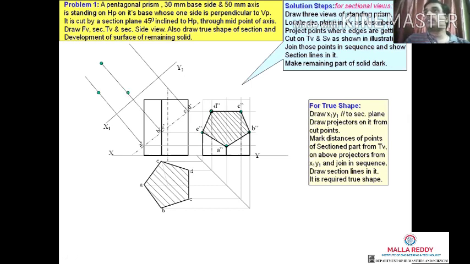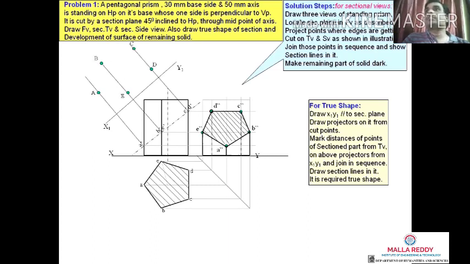These two distances, this is E and this is B. This is A, we have seen. Now we need to represent C and D. Take the distance from xy to D, and represent it from x1, y1 to D here. Repeat the process for C also. This is D, this is E.